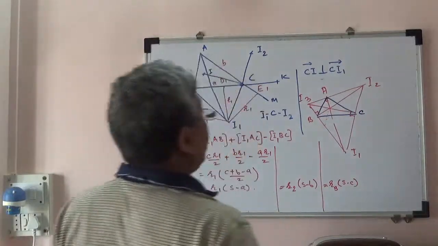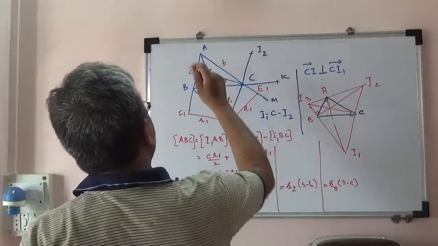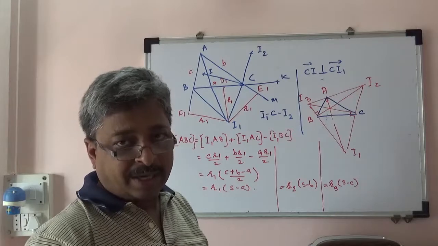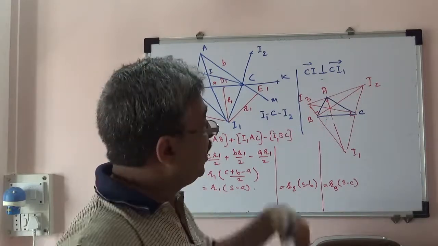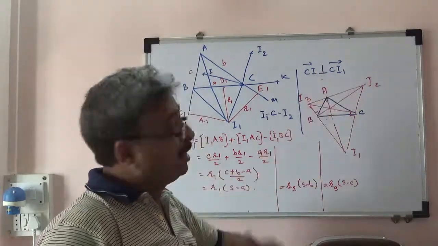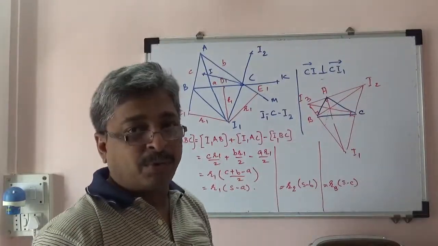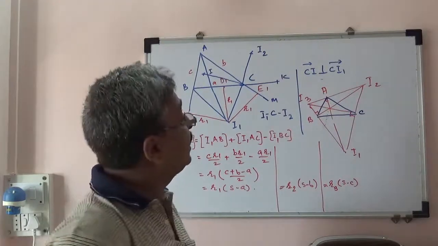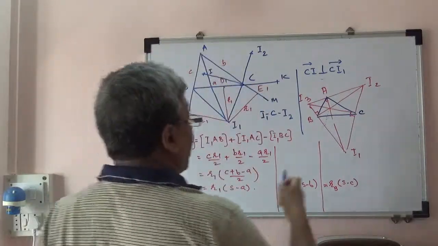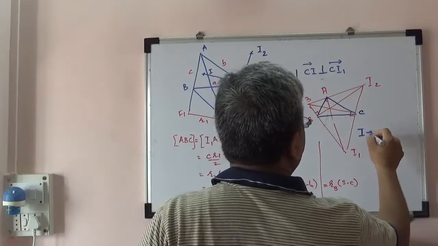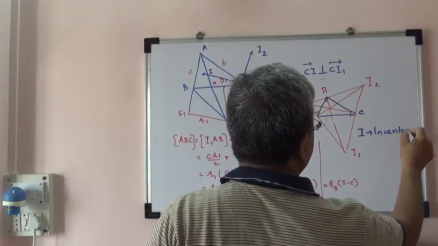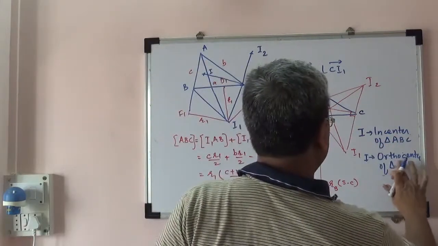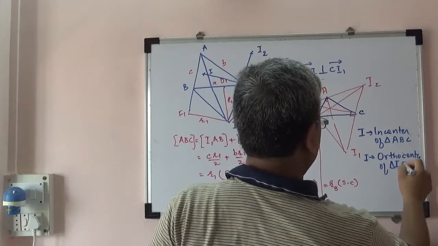So the major result here is that the angle bisectors of ABC are concurrent at I, and if I look at triangle I1, I2, I3, the lines are the same, the point is the same, but they are altitudes which are concurrent at the same point I. So I is the incenter of triangle ABC and I is the orthocenter of triangle I1, I2, I3.